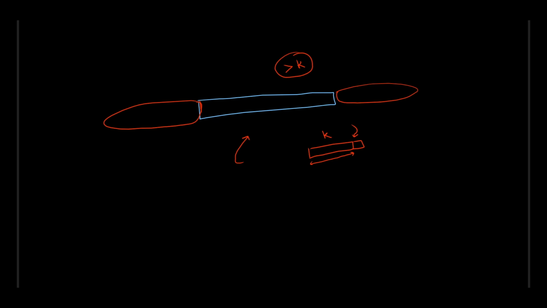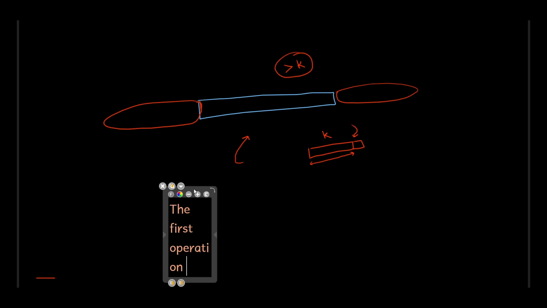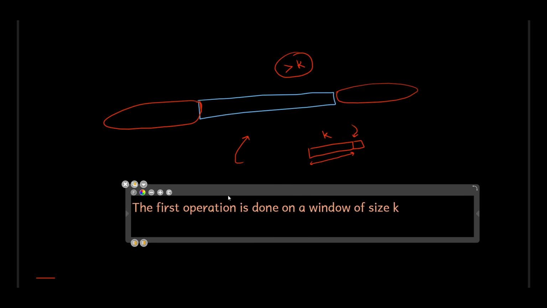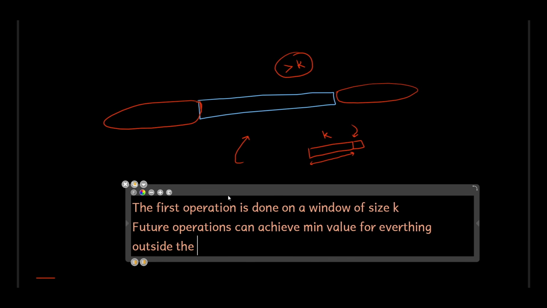So one thing is for sure, the optimal algorithm might be that the first operation is done on a window of size k, right? And future operations can achieve the min value for everything outside the window.